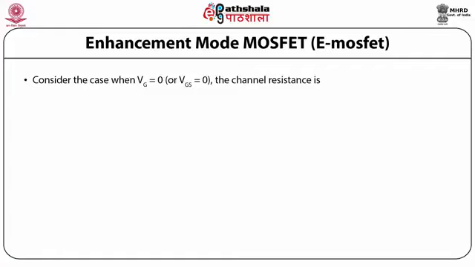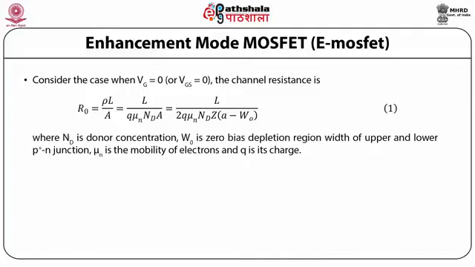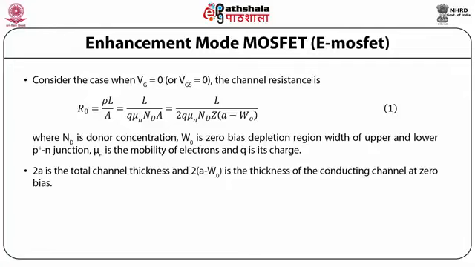The channel resistance is R0 equal to rho L by A equal to L by Q mu n Nd A, equal to L by 2Q mu n Nd Z multiplied by (a minus W0), where Nd is the donor concentration, W0 is the zero bias depletion region width of the upper and lower P plus N junction, mu n is the mobility of electrons, Q is its charge, and 2a is the total channel thickness, and 2a minus 2W0 is the thickness of the conducting channel at zero bias.